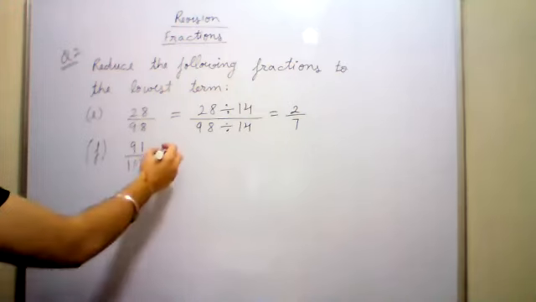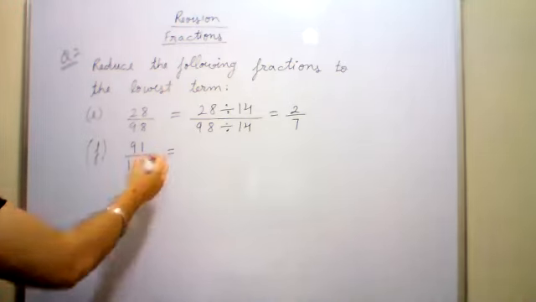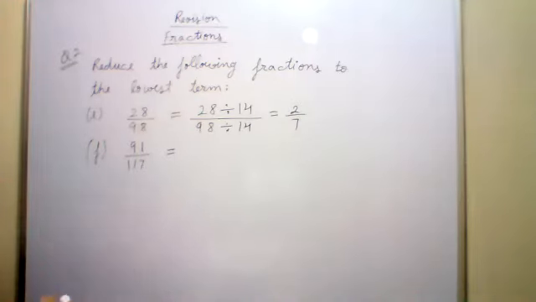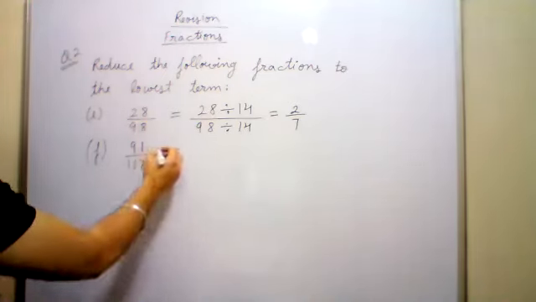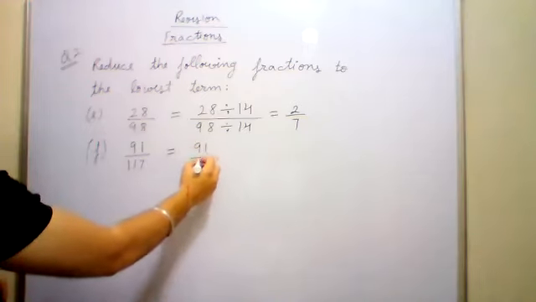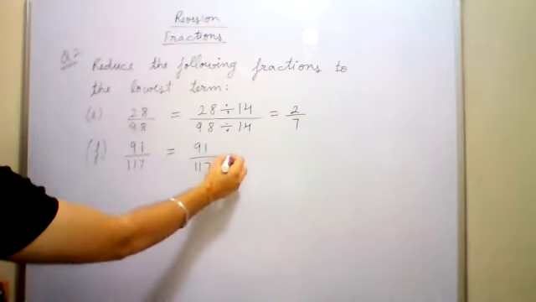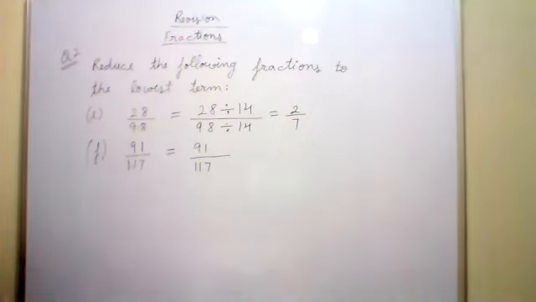Yes, sir. And second one, sir, my answer is correct. 91 and 117. Divided by 13, 7 upon 9. Again you all have started talking together.